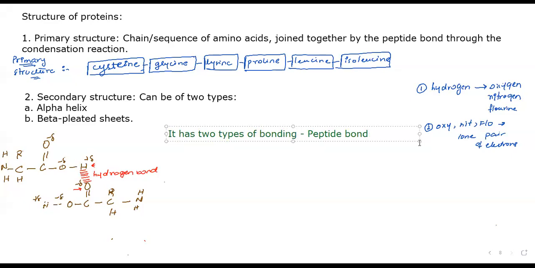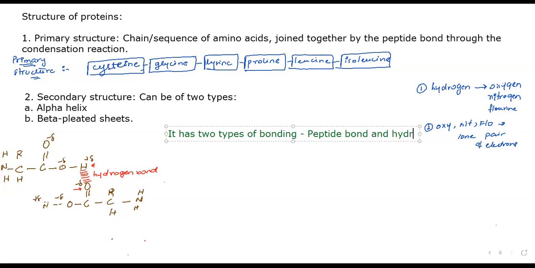If I break the peptide bond, the amino acids will go away. Keep in mind that the peptide bond is a strong bond. It's the covalent bond. This is just a hydrogen bond. Hydrogen bond is one of the intermolecular forces of attraction, a weak intermolecular force of attraction. It's not that strong. Peptide bond is strong. So one is the peptide bond that's holding the amino acids together.